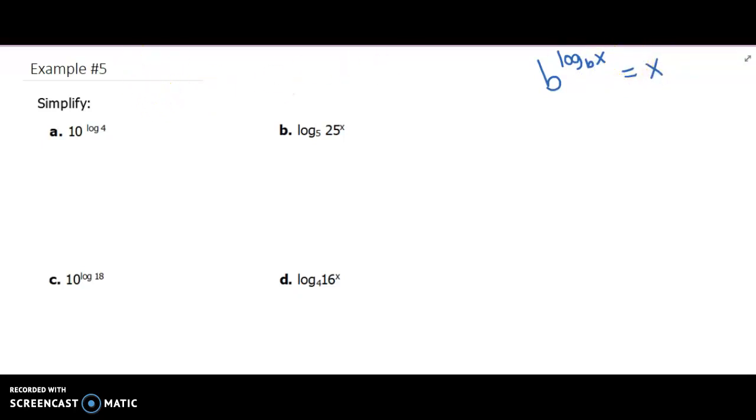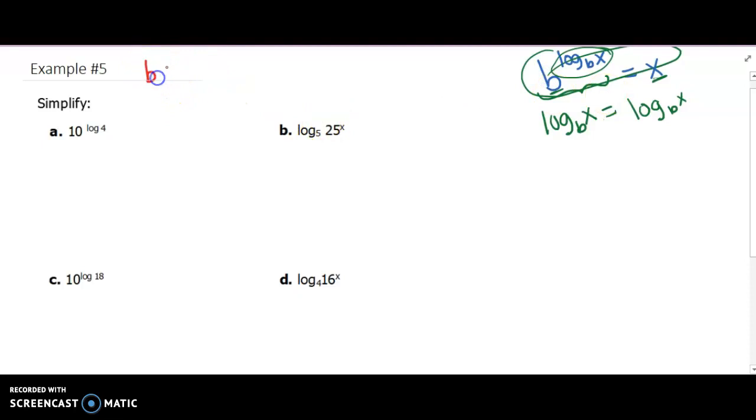Okay, so to prove this, if I look at this as an exponential function, think a number to a power, okay, and I write it as a log, it would be log base b of x, right, is going to equal the power, which is log base b of x. Okay, so yes, these are in fact true, which means this is true. Okay, so one of the first ones is, once again, b to the power of log b of x is going to equal x. Now this is only true when these b's are the same.